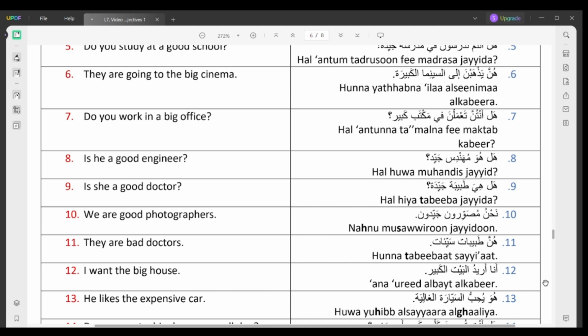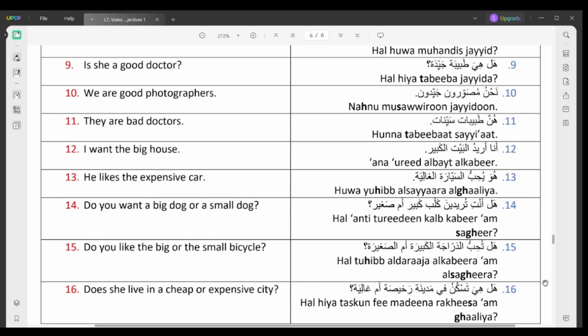Number 7, do you work in a big office? Number 8, is he a good engineer? Number 9, is she a good doctor? Number 10, we are good photographers.